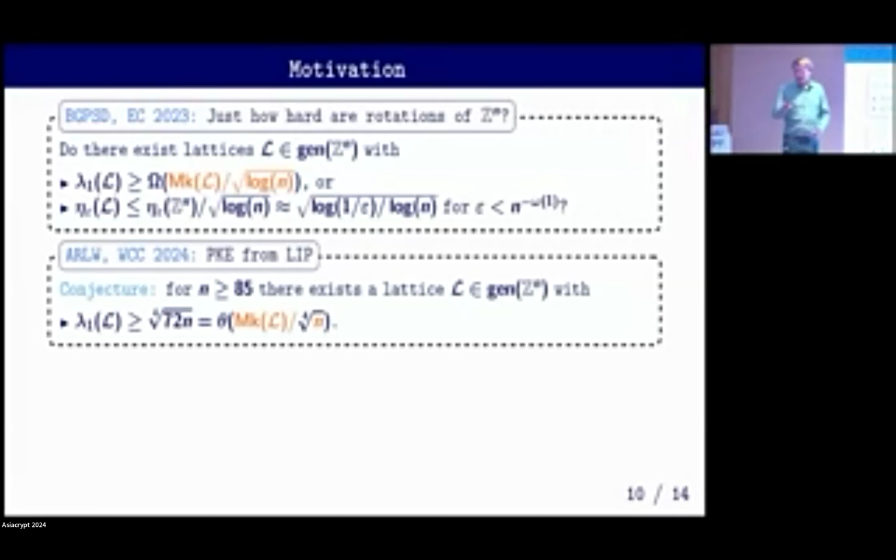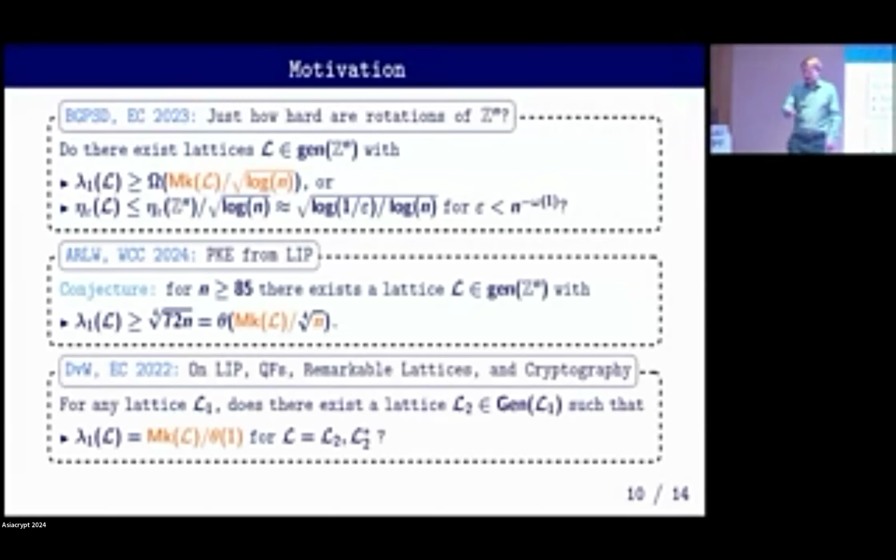For example, in this one paper, they need a first minimum that is within the square root of log n of this upper bound. And in this other paper, they need a first minimum that is within the fourth root of n from this upper bound. And also in our work, if you have something that lies within a constant factor from this Minkowski bound, we will be able to get a way more efficient construction.